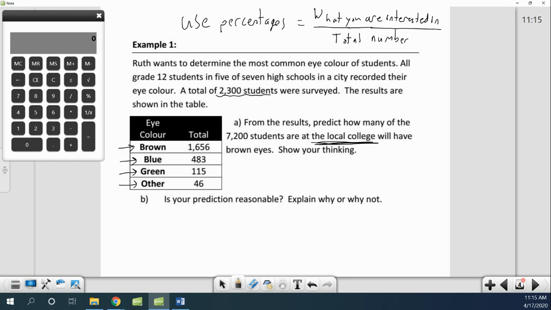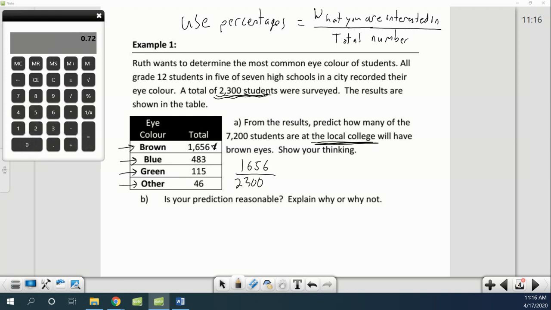So let's find first the percentage from the high schools that had brown eyes. I'm interested in brown eyes, the 1,656 with brown eyes. And how many students in total? Well, it said in the question, 2,300. So you grab your calculator, 1656 divided by 2,300.